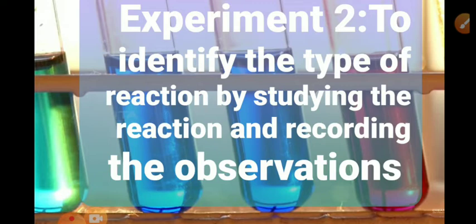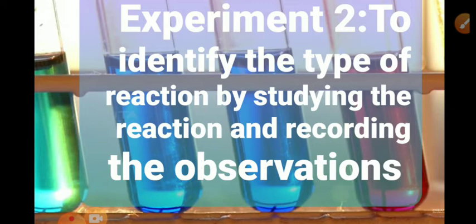Then to see the effect, we can check by holding a burning matchstick or a burning candle near the mouth of the test tube. We will observe that there is a change in the lead nitrate.